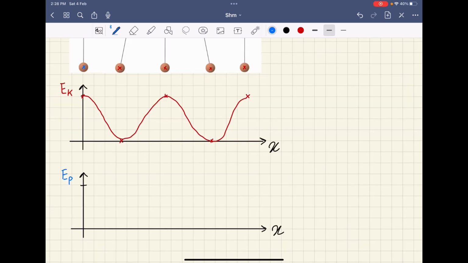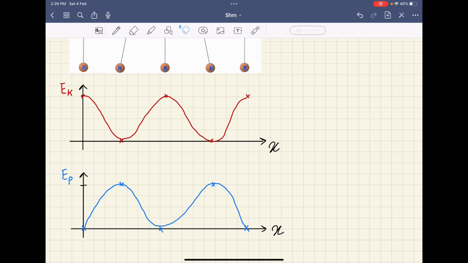At the equilibrium position, we have 0 potential energy because there is no height. At maximum altitude, we will have maximum potential. Equilibrium gives us minimum potential. Maximum displacement, maximum potential, and this is back to minimum potential. And the graph for the potential energy would look something like this.